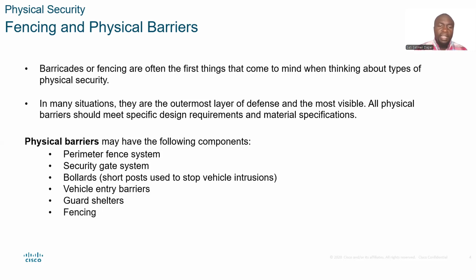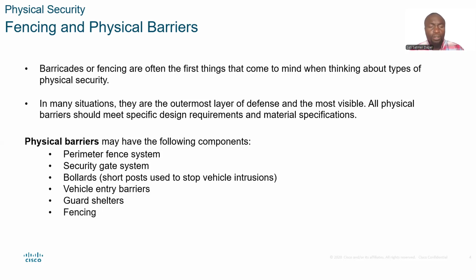Now, the physical barriers may have the following components. It may have what we call the perimeter fence system. We'll have what they call the security gate system. We have what we call the bollard, which is a short post used to stop vehicle intrusions, okay?